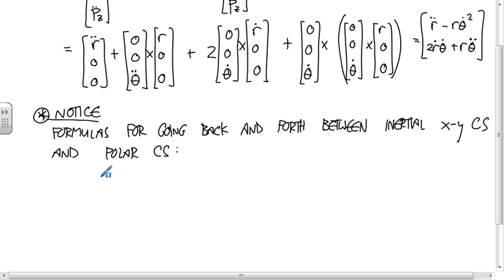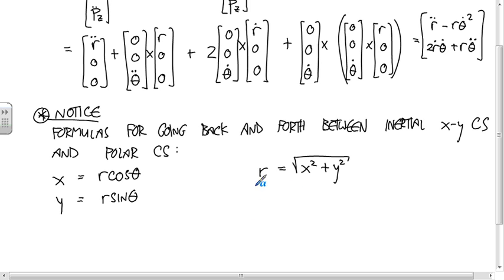If you have polar coordinates and you want to go to xy coordinates, x is equal to r cosine theta, y is equal to r sine theta. And if you want to go the other way, r is equal to the square root of x squared plus y squared, that's just the Pythagorean theorem, and theta is equal to the inverse tangent of y over x.